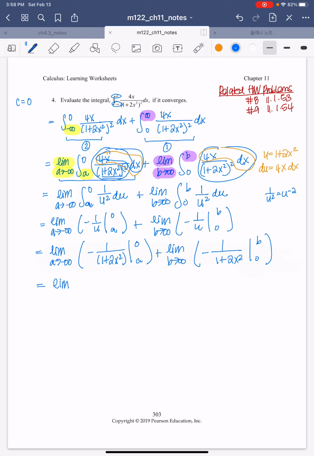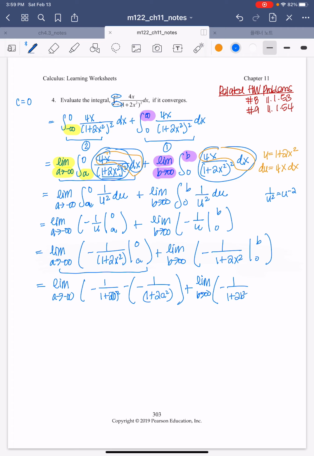For the first term, if I plug in 0, I get negative 1 over 1 plus 2 times 0 squared, and then minus 1 over 1 plus 2a squared. Then negative 1 over 1 plus 2b squared minus 1 over 1 plus 2 times 0 squared.